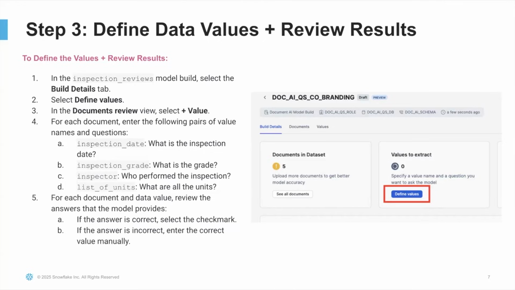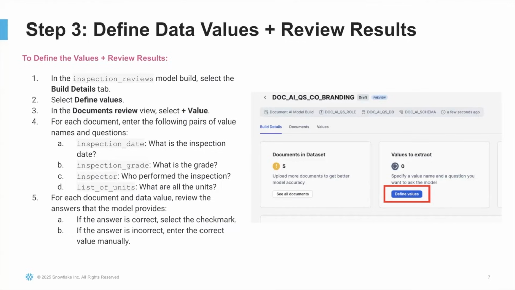So you first have the title of the question, which in this example is inspection date, and then the actual question: what is the inspection date? Typically, you want the questions to be short, concise, but specific. So get to the point, don't have anything additional, but make sure it can't get confused with any other questions or values in the document. So still be specific enough where it's able to do that.